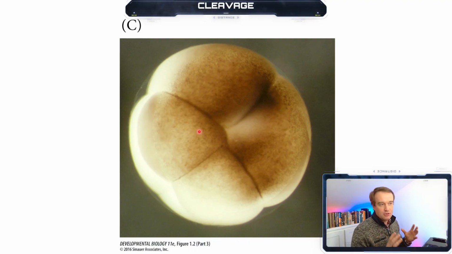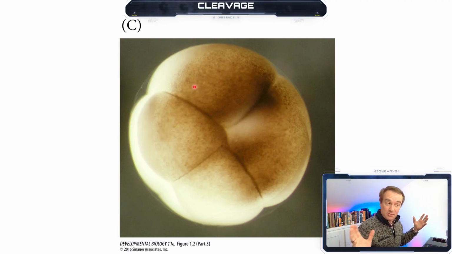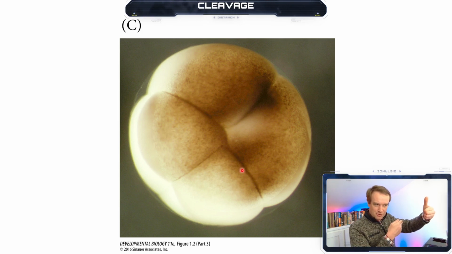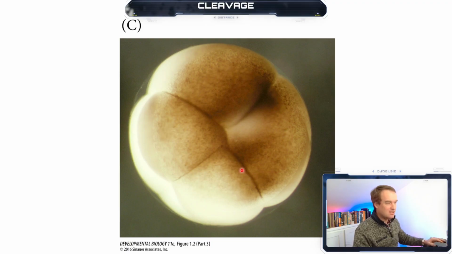However, the volume of the embryo itself does not. So as it's doubling, it's not doubling in size exponentially, but the number of cells will continue to double. So as we see here, this is the 8-cell stage roughly, right? Because we see 4, but it's also 3-dimensional, so there's like 4 behind it.